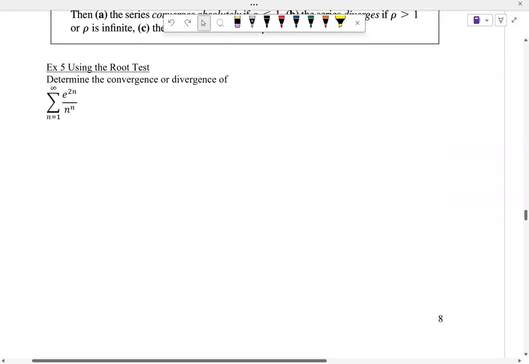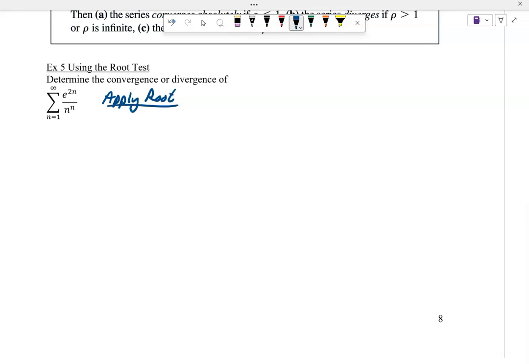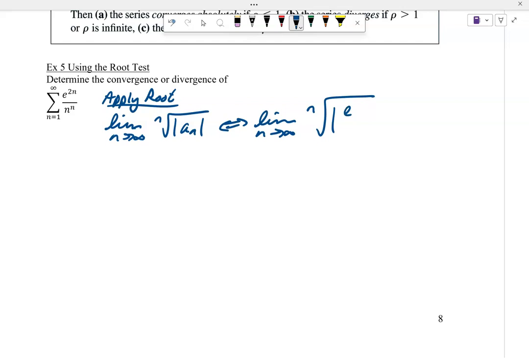So let's go ahead and apply the root test here. We'll take the nth root and take the limit as n goes to infinity of the nth root of the absolute value of a_n, the nth term. So the limit as n goes to infinity of the nth root of the absolute value of e to the 2n over n to the n.